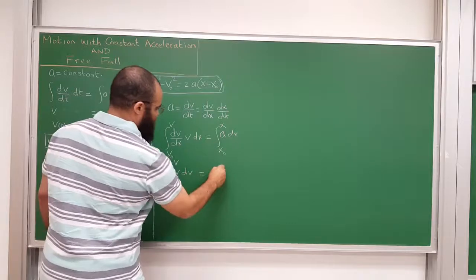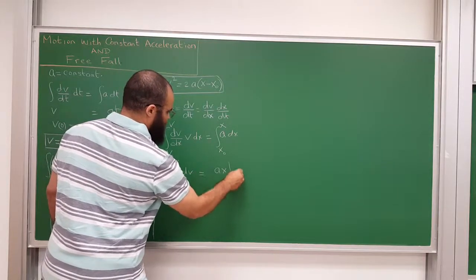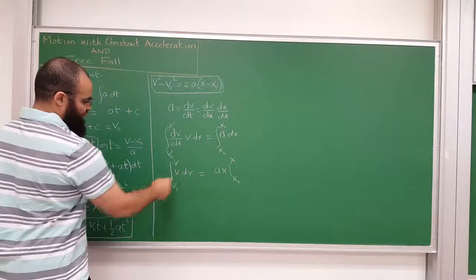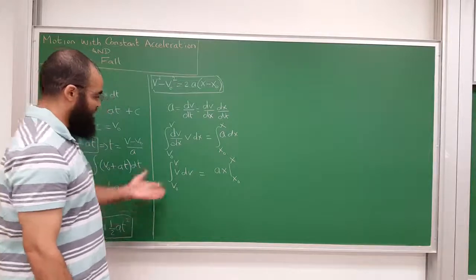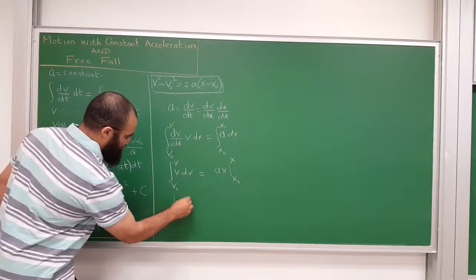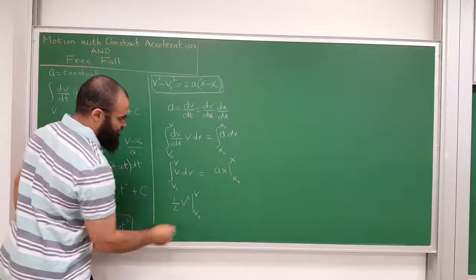When you integrate this, you get a times x evaluated between x initial and x final. And the integral of v dv, what's the integral of x dx or t dt? It's 1/2 v squared, evaluated between v initial and some v final.